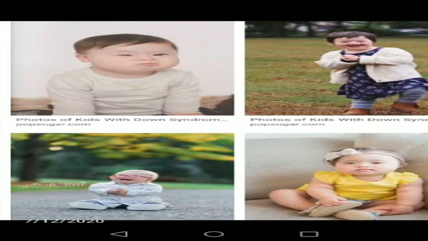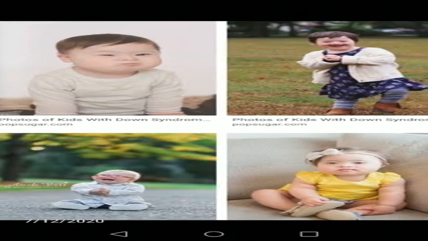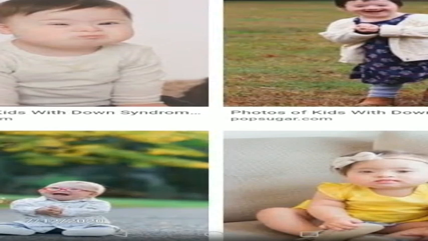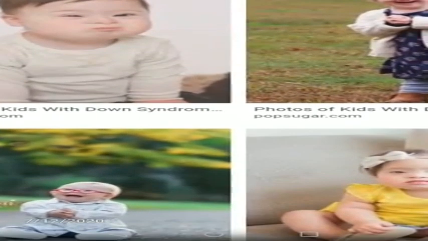What does aneuploidy mean? Aneuploidy means there may be extra chromosomes or fewer chromosomes in the human being. Extra chromosome means, if a human being has 46 chromosomes, instead of 46 they will have 47 or 48 chromosomes.